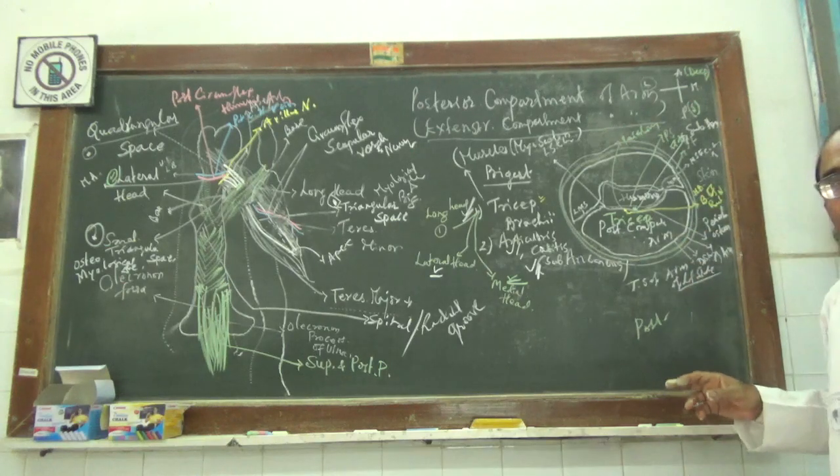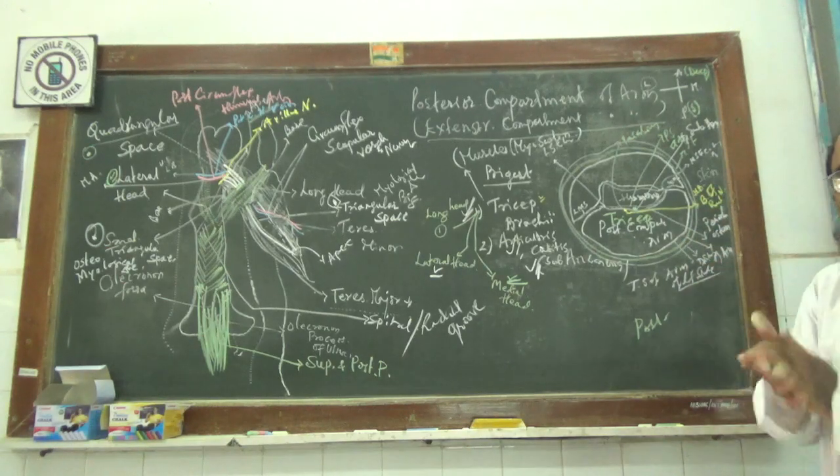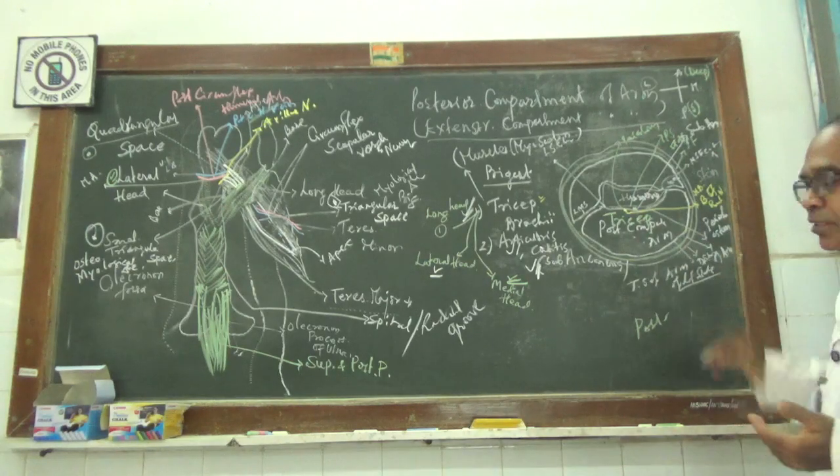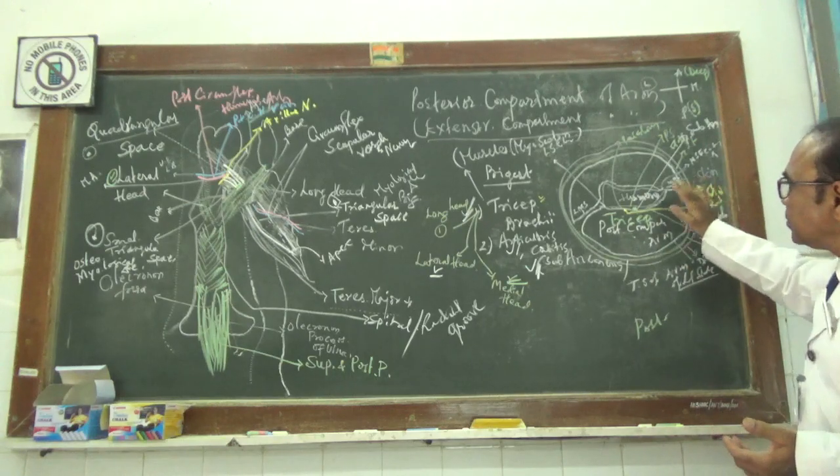So this will be the thing. Apart from that, muscular arteries are there, muscular veins are also there for these relations.